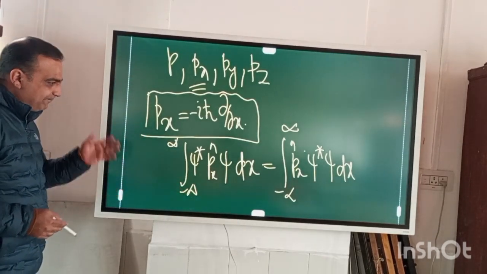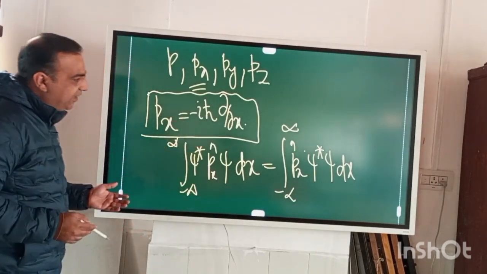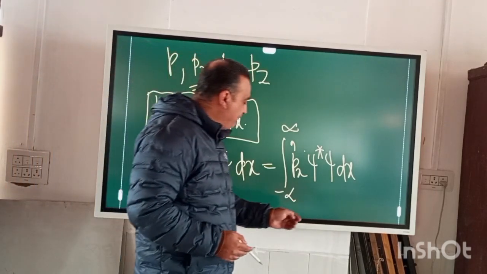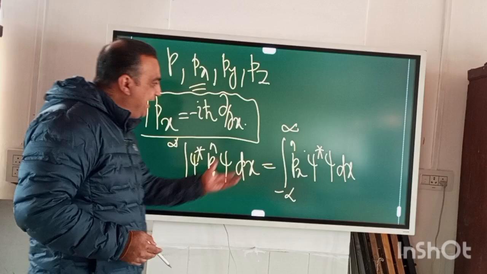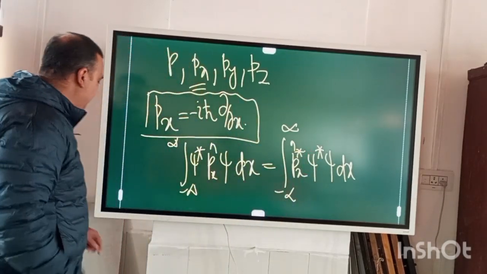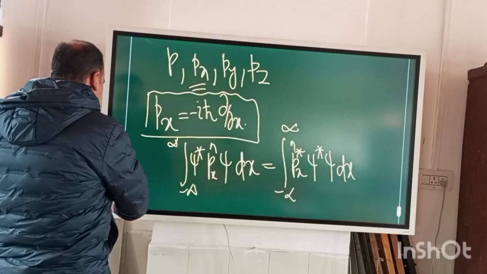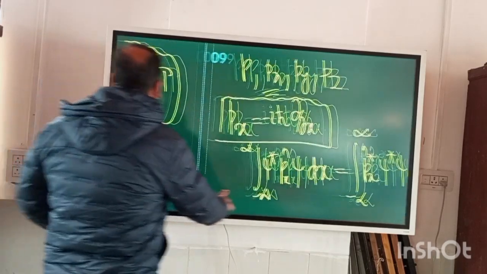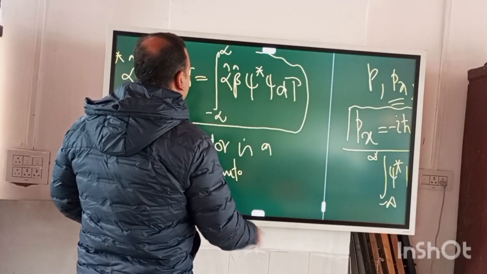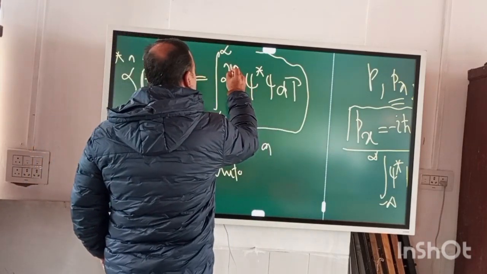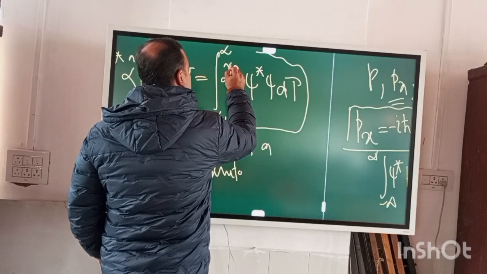So what should be done in the traditional way? I will take the left-hand side and obtain the right-hand side. Here it has to be the star. I might have committed an error here. It has to be the star, you can check it out.